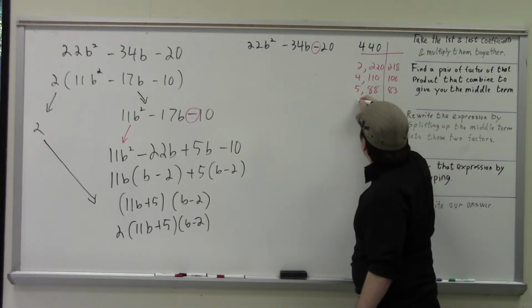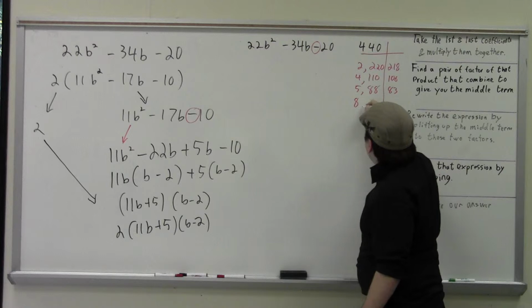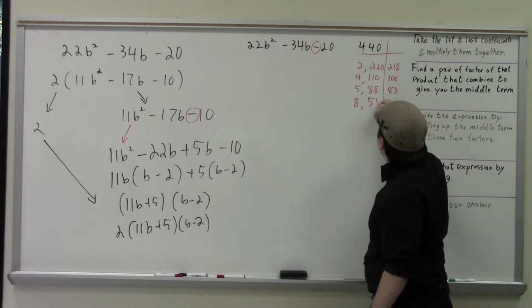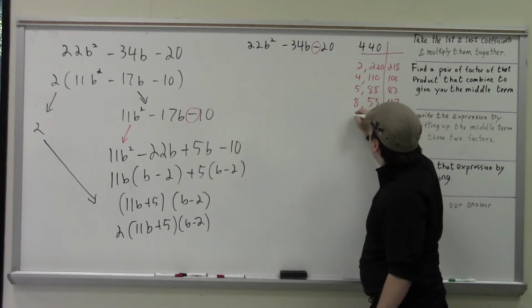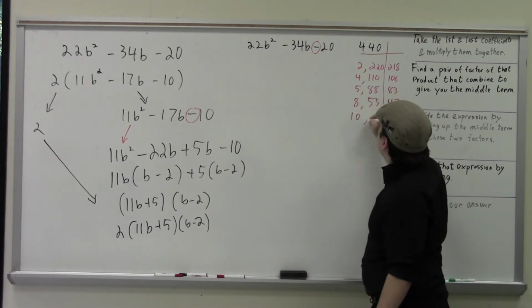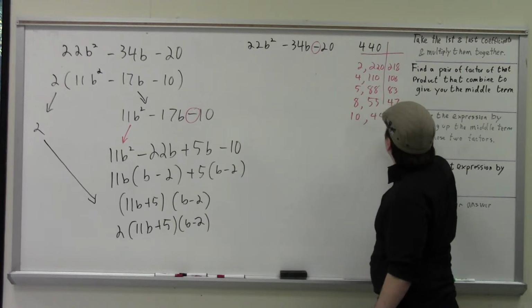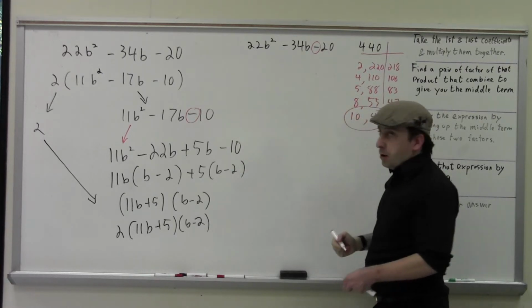I've got 8 and 55, which will give me a difference of 47, which is getting closer, but still too big. 9's not going to work. 10 will work, and 44, and that gives me 34, which is what I want.